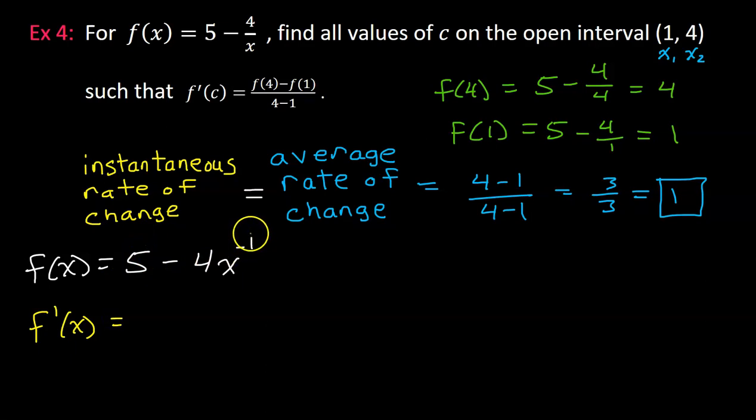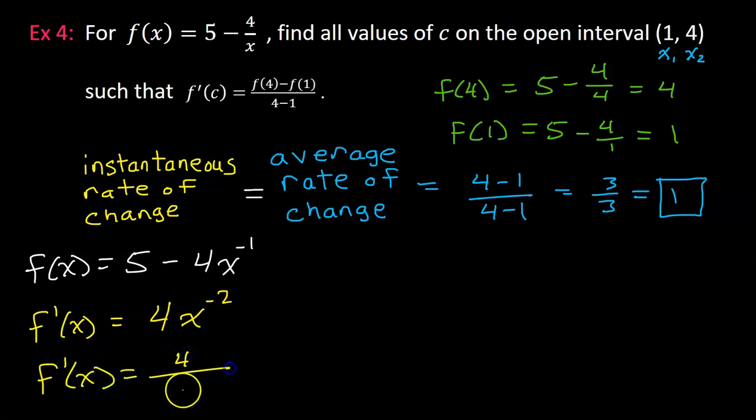The power rule, negative 1 times 4 is going to give me a positive 4, but then I have to reduce this power by 1, so that'll be to the negative 2 power. So in other words, f prime is equal to 4 over x squared.